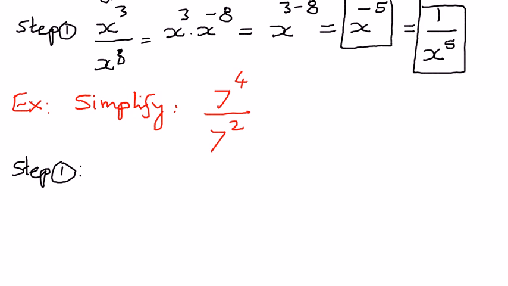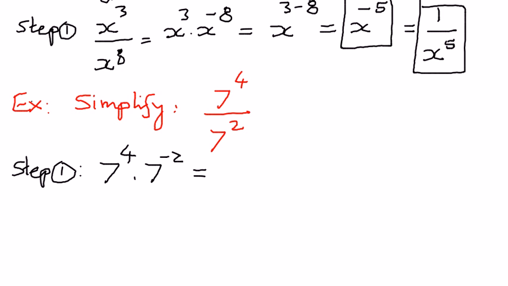In the numerator we have, the first thing we want to apply the rule where it says if the bases are the same, we can write it out in this manner, isn't it? 7 to the power of 4 times 7 to the power of negative 2, because in the denominator we have 7 to the power of 2, and when we bring it up into the numerator, the positive power changes to a negative power, and therefore we've expressed it as a negative power.